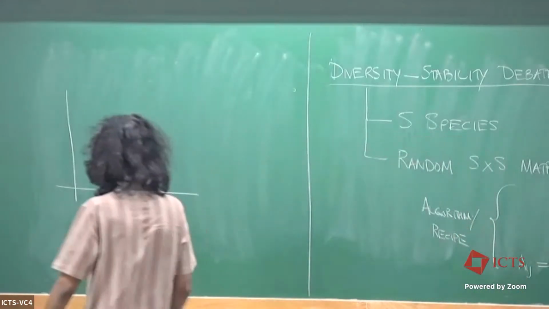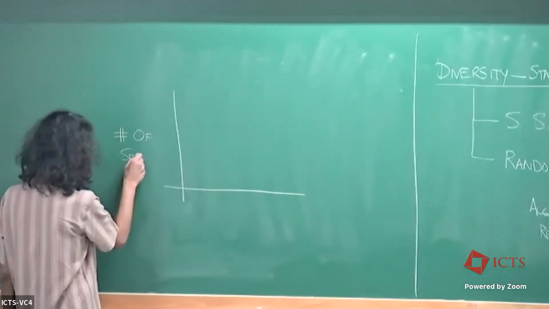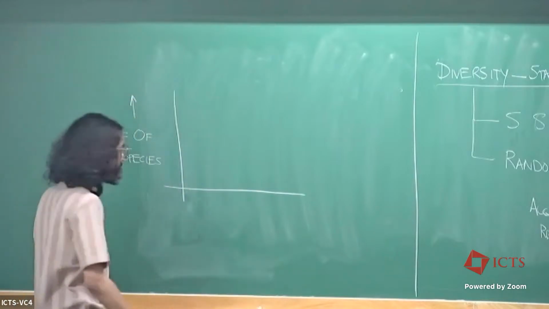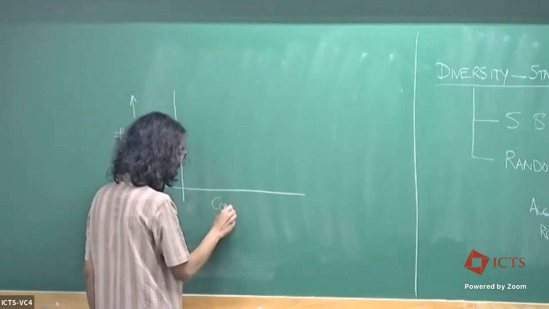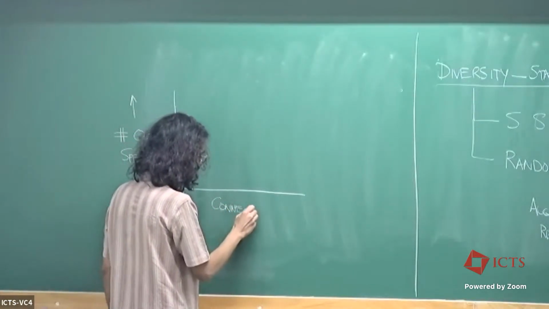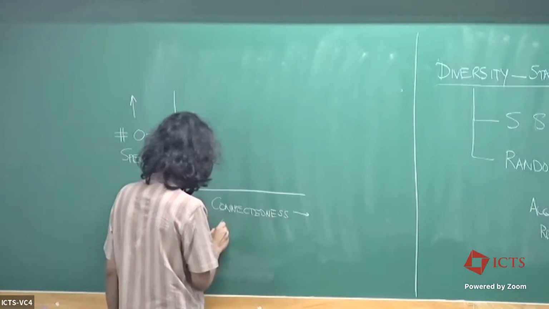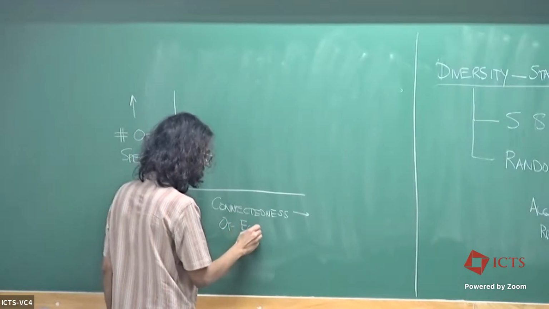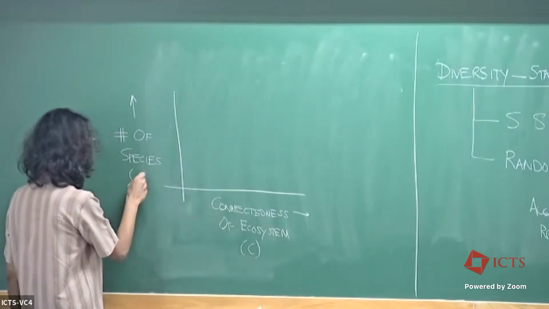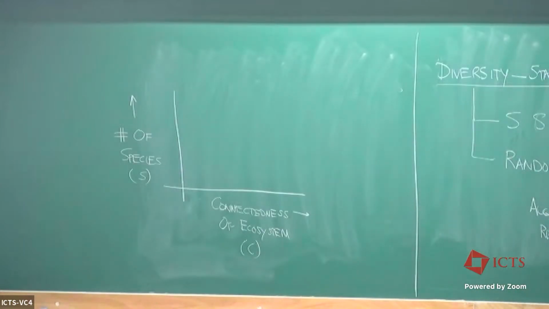So now what you can do is you can plot the number of species on the y-axis, and you can plot maybe even the complexity or the connectedness of your ecosystem on the x-axis. This is C, this is S. What conditions need to be satisfied for this system to be stable?